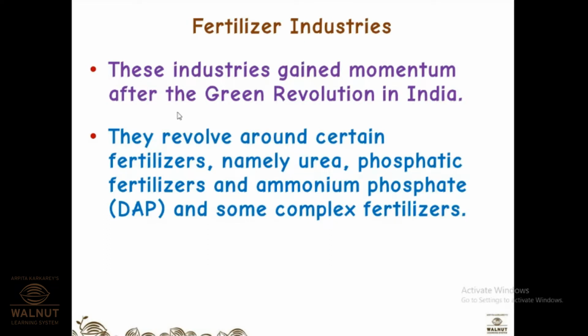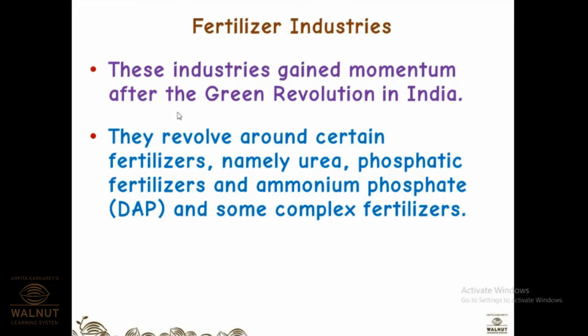They revolve around certain fertilizers, namely urea, phosphatic fertilizers, ammonium phosphate, and some complex fertilizers. When Green Revolution started, the idea was to get maximum produce from agriculture. Now, if you want to get maximum produce from agriculture, obviously you require fertilizers, depending upon the type of soil that you have in your farm.